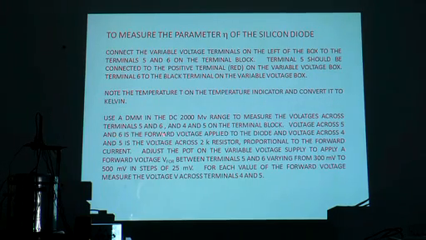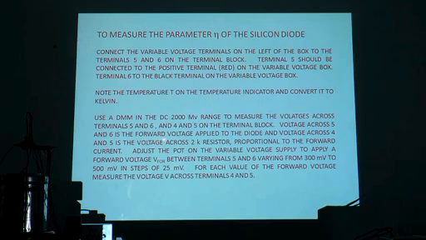Voltage across 5 and 6 is the forward voltage applied to the diode, and voltage across 4 and 5 is the voltage across the 2 kilo ohm resistor, proportional to the forward current.